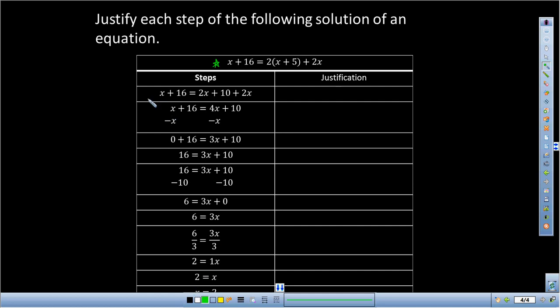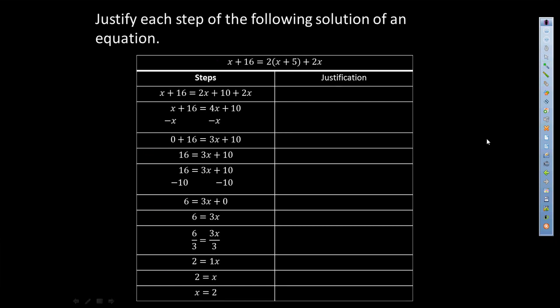But all the way along, we have these simplified equivalent equations as we work our way to the final solution. So that's basically all we're doing, is using these steps to simplify the equations till we get down to the solution.